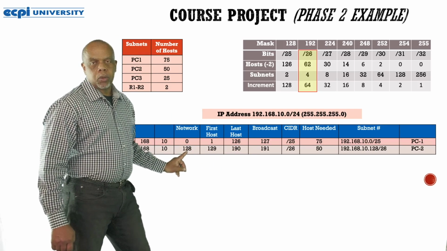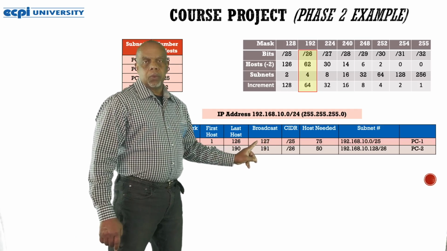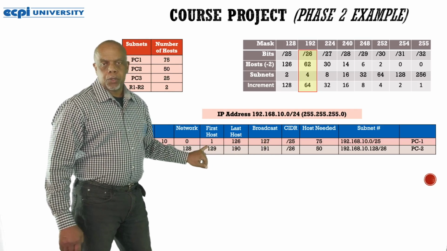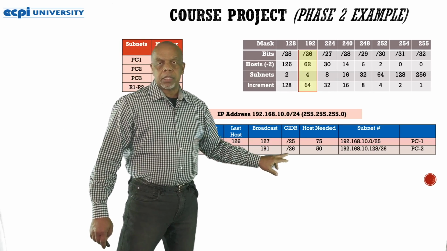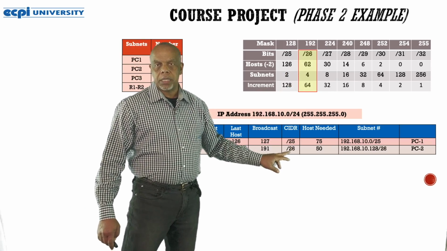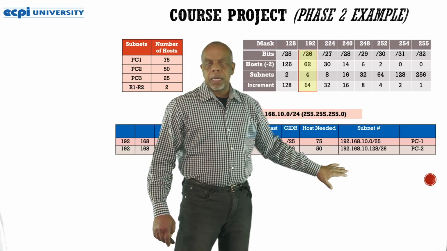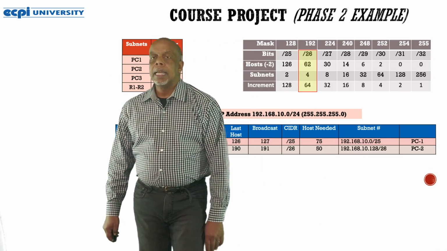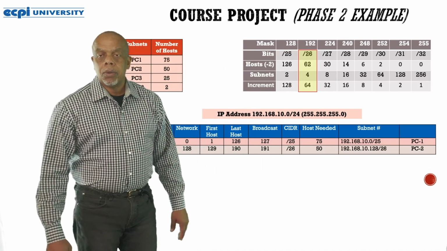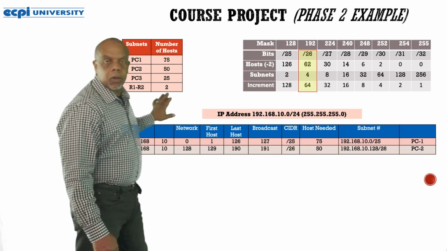If I go from 128 to 191, that'll be 64. But the first one and the last one cannot be assigned. That gives me the CIDR of what? /26. And it gives me a network ID of 192.168.10.128 CIDR 26.